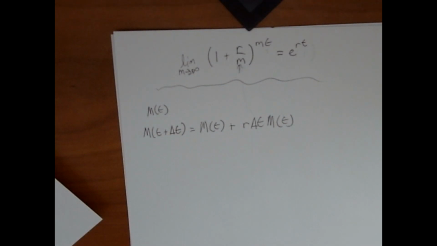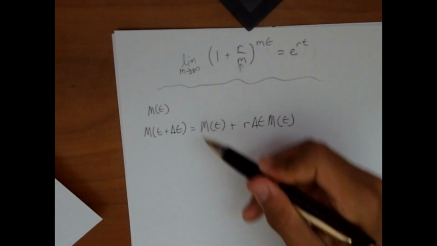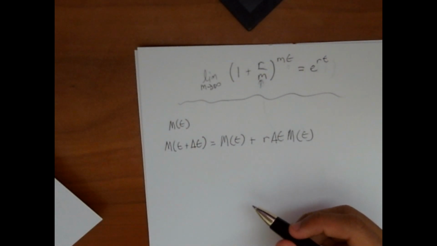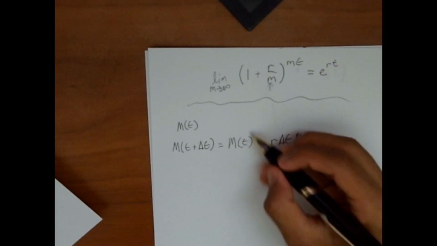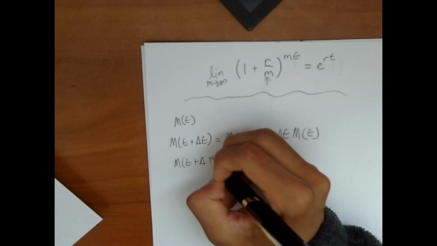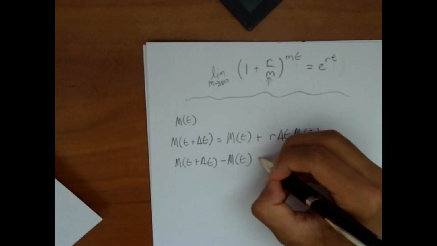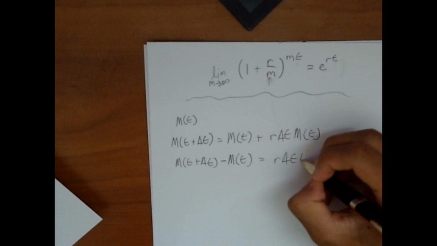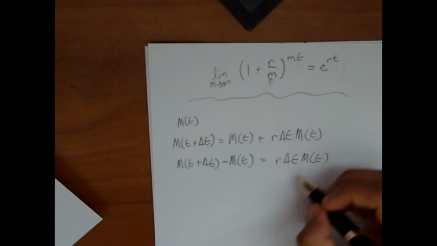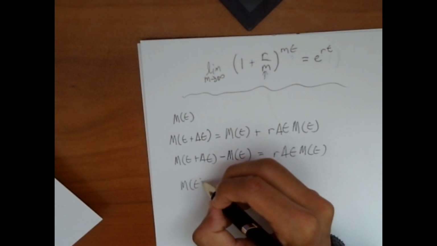Now, let's try to move all these delta t's to one side so we can do this limit type thing. First we take this and move it to this side. Money at time t plus delta t minus money at time t is equal to r delta t M(t). And then we can move this delta t to this side.